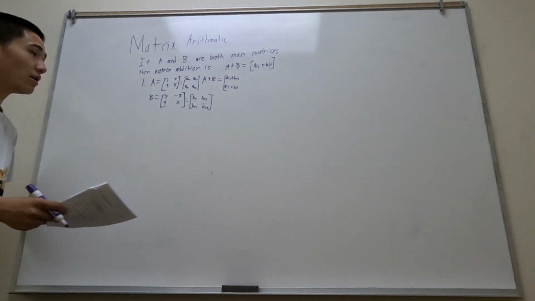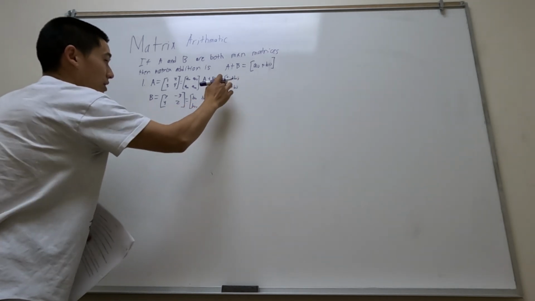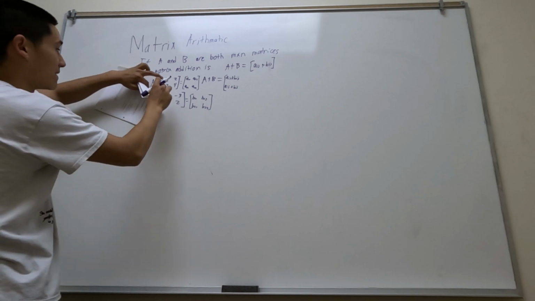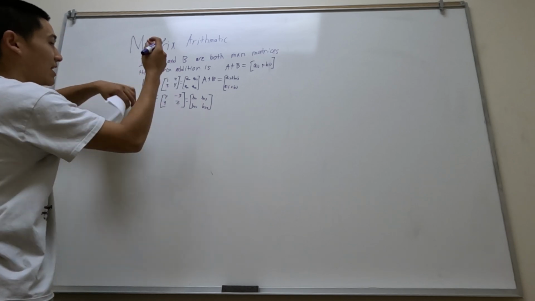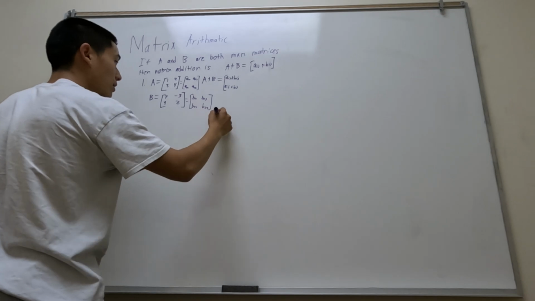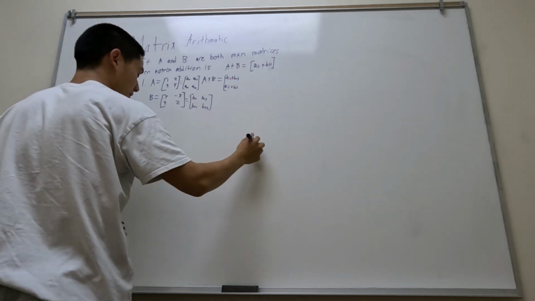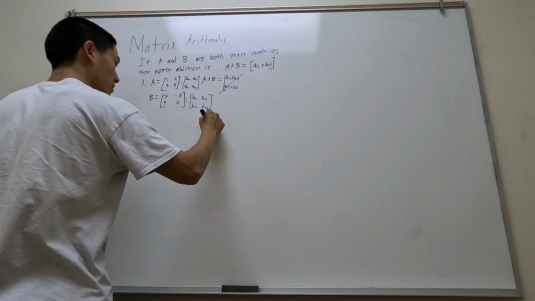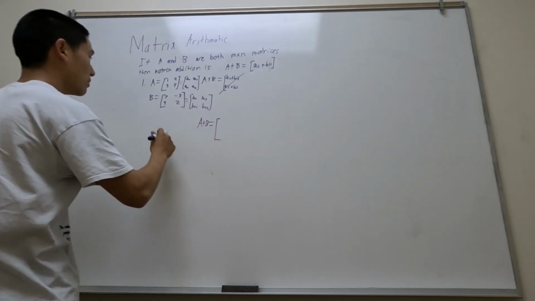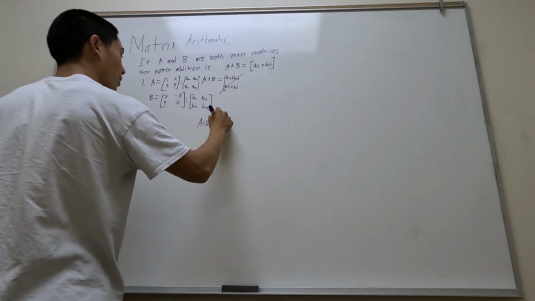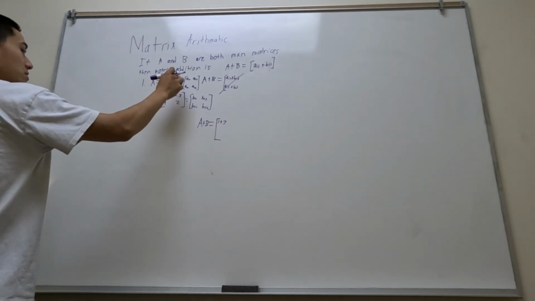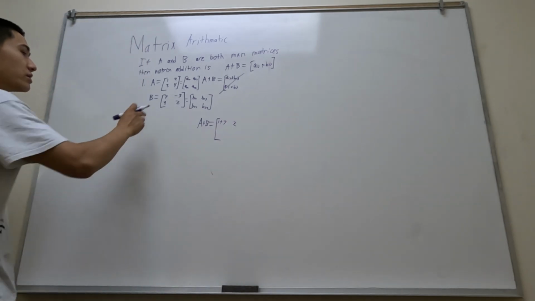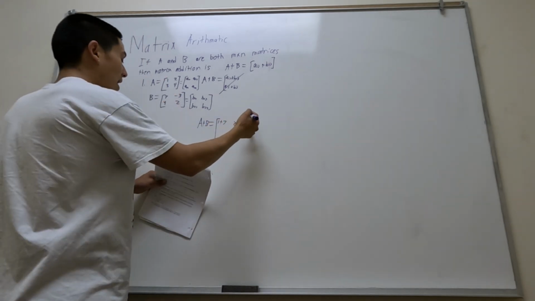In this case it is literally just the 1, 1 entry and so on. You can see that all you do is take the same number in the same spot and add them together. So A plus B equals 1 plus 7, 2 plus negative 3. How do you add a negative?